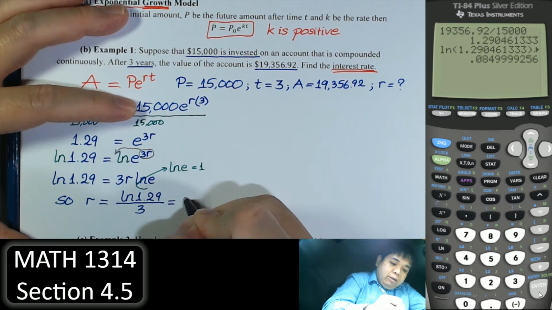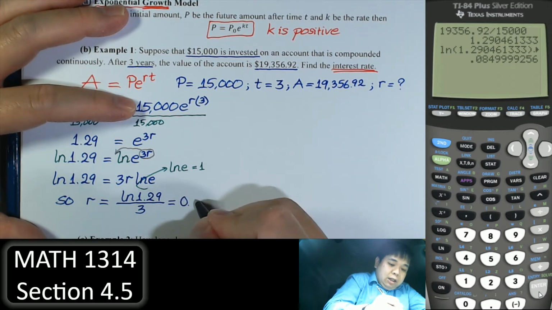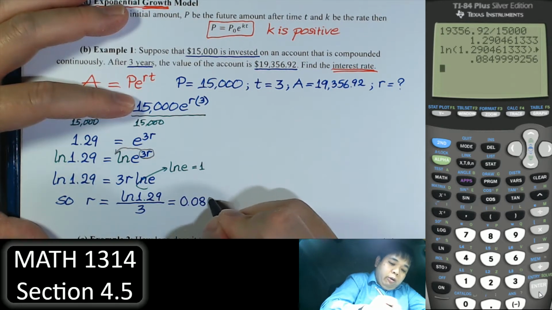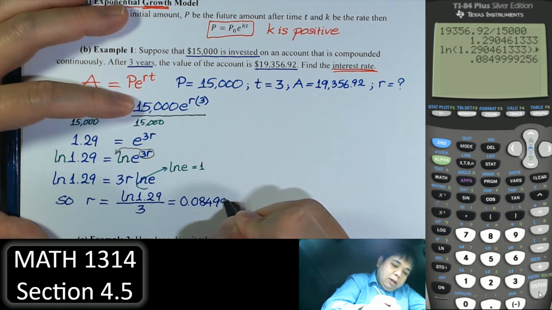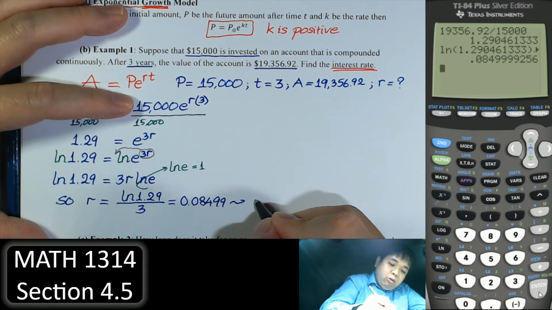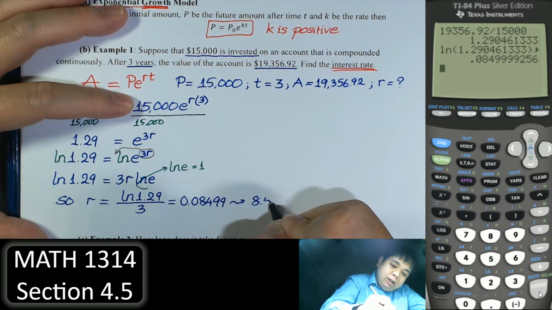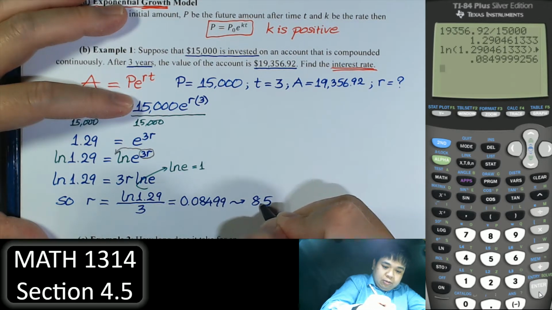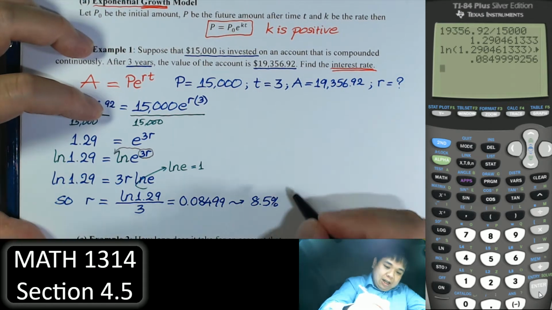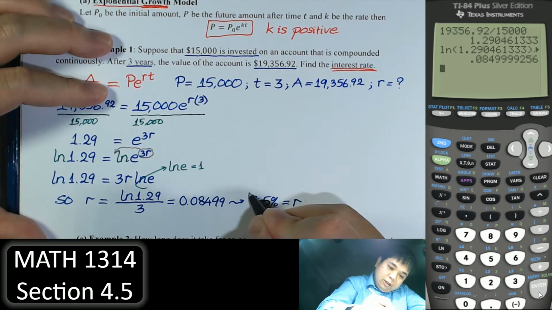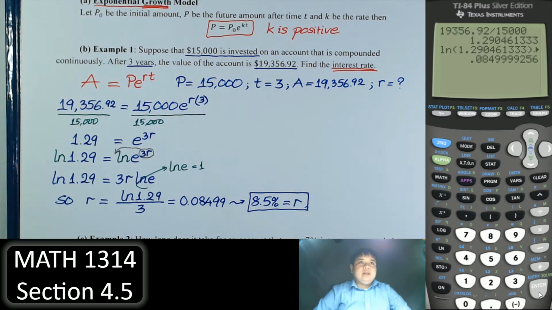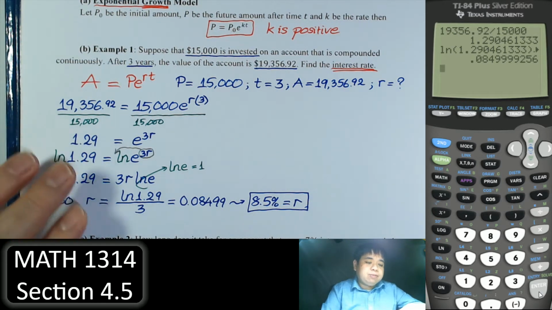And we have 0.08499. So if we round this up, move the decimal 2 places to the right, that looks like 8.5%. So as for the rate, that looked reasonable. Right. So that's what we have.